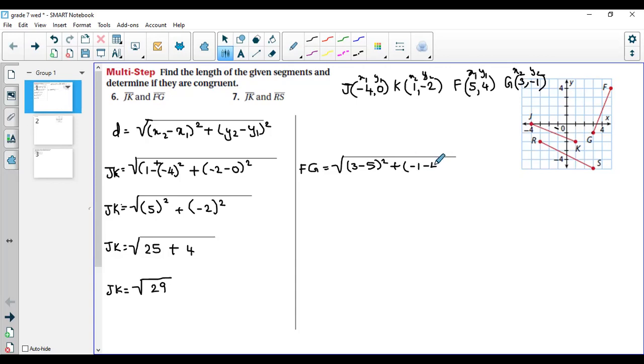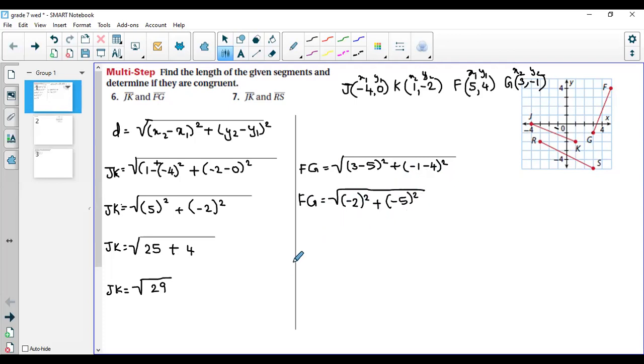So that means minus 1 minus 4 whole square. Okay. Now the next step is going to be FG equals the whole root of 3 minus 5 is going to give us negative 2 square, plus minus 1 minus 4 is going to give us a minus 5 square.